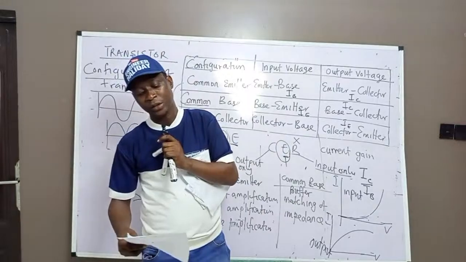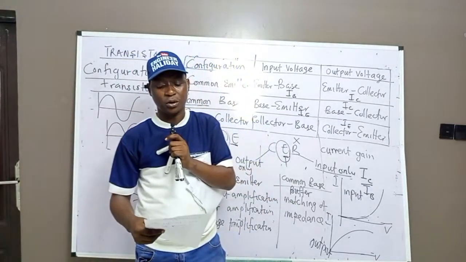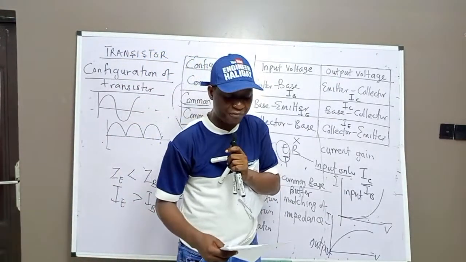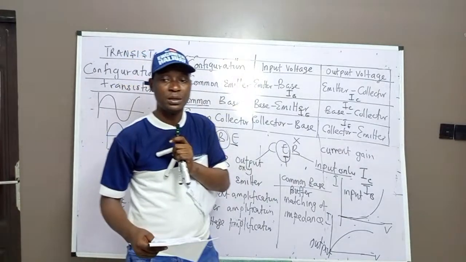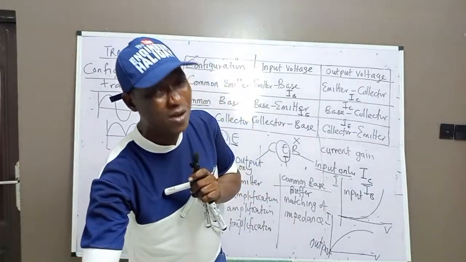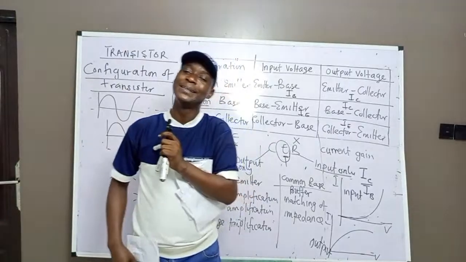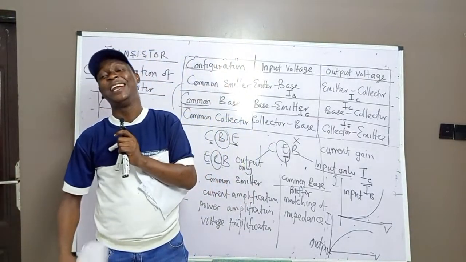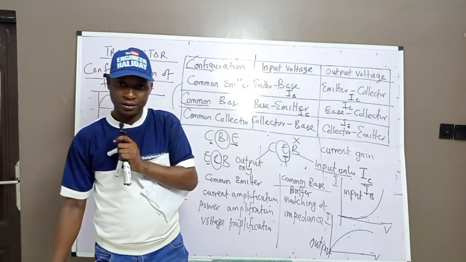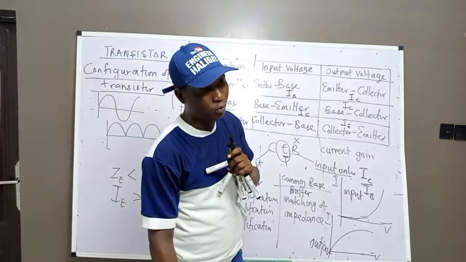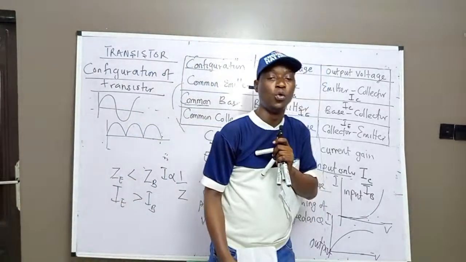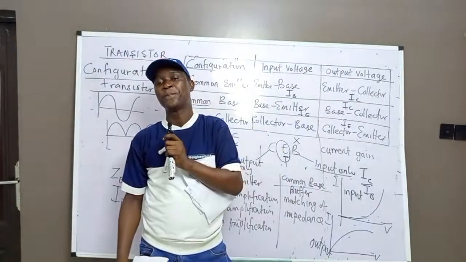So somebody asked, how does transistor current gain affect its performance in an amplifier circuit? A high current gain will produce a good transistor. We also have a low leakage current. When the leakage current is low, we can have a good transistor.